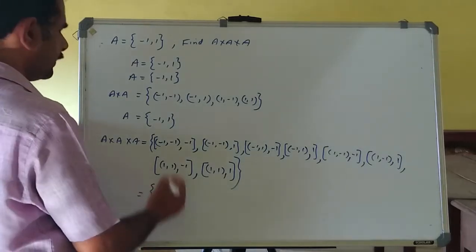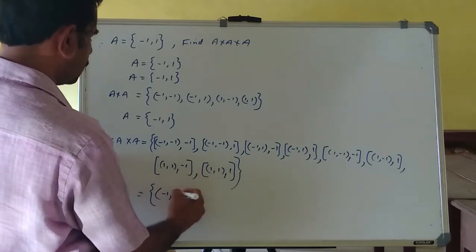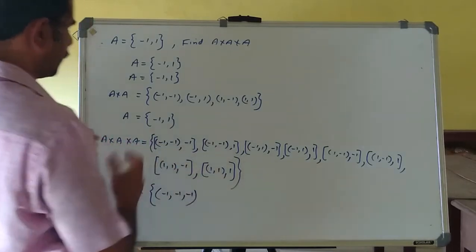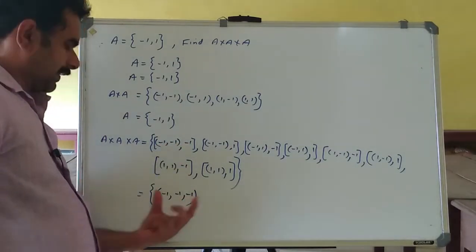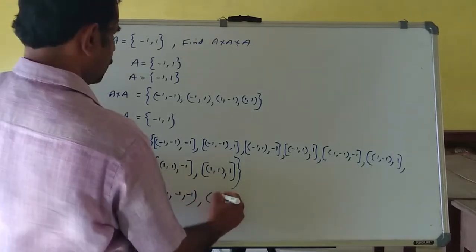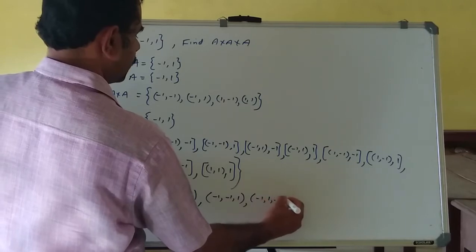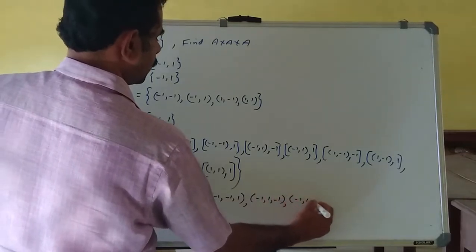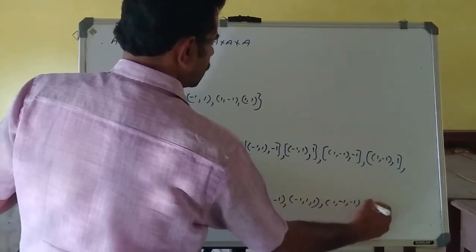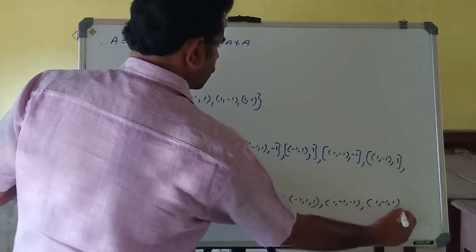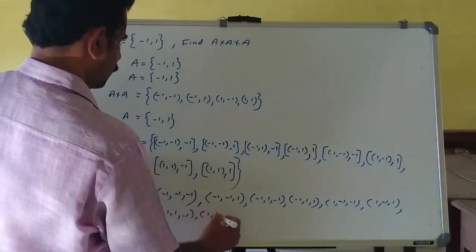Then this can be written within brackets like this: (-1, -1, -1), (-1, -1, 1), (-1, 1, -1), (-1, 1, 1), (1, -1, -1), (1, -1, 1), (1, 1, -1), (1, 1, 1).